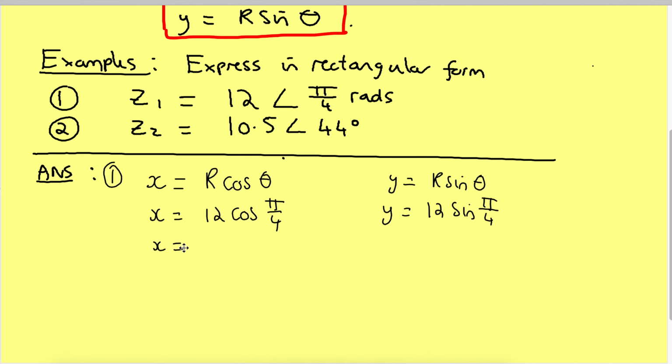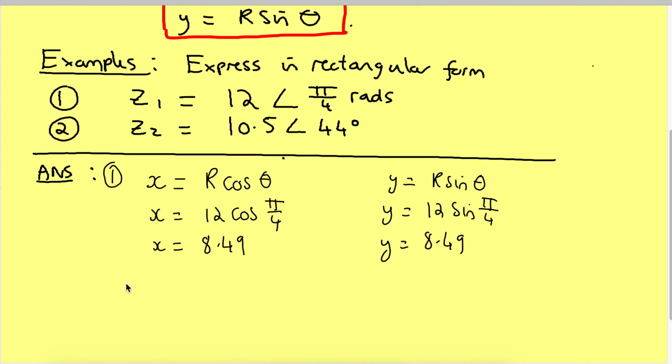Right, so you just type those two things into your calculator. Remember your calculator is in radians for this part of the question. So 12 cos pi by 4 gives me 6 root 2, or 8.49. And this here gives me exactly the same thing, 8.49.